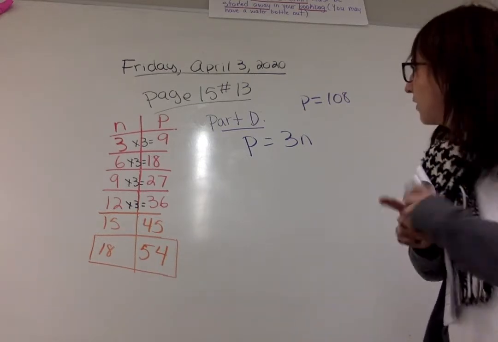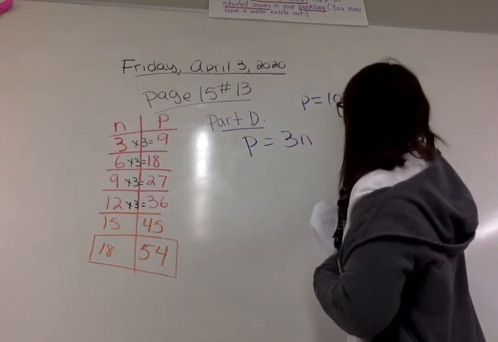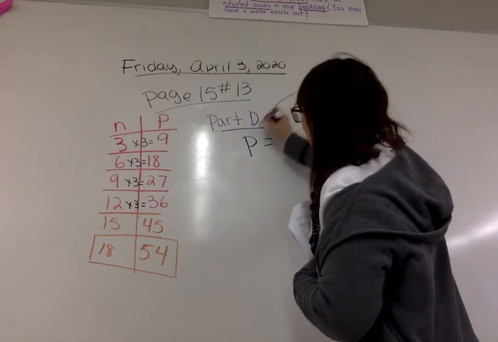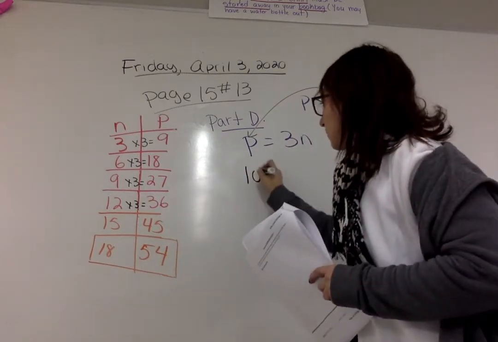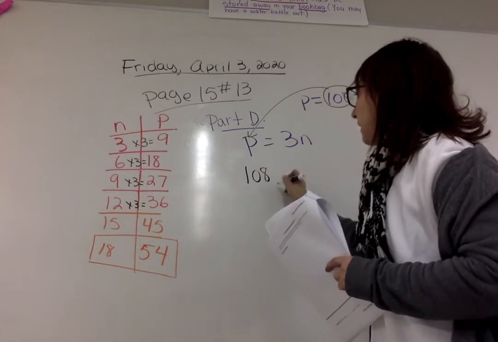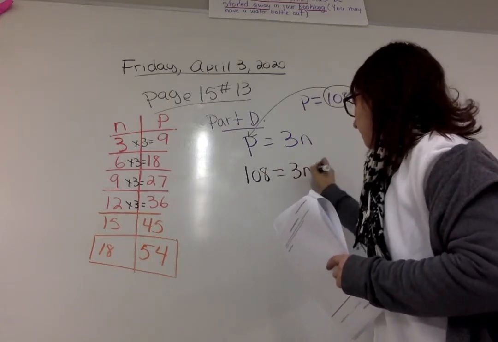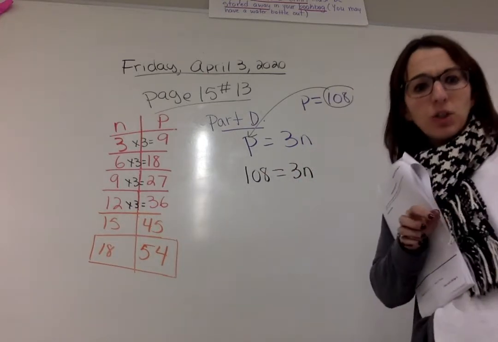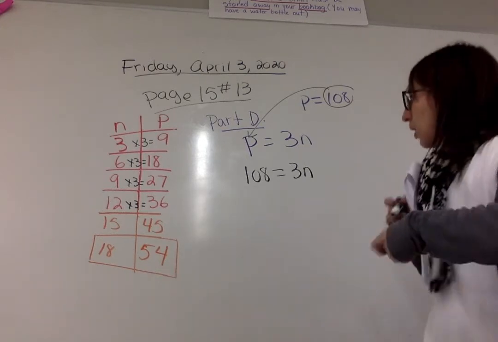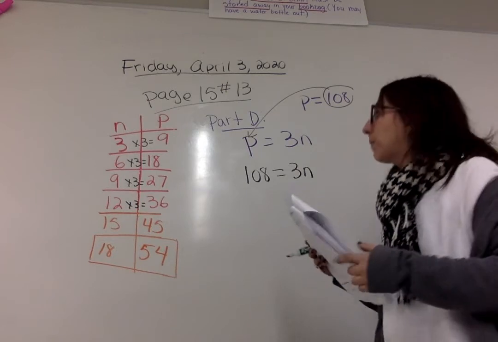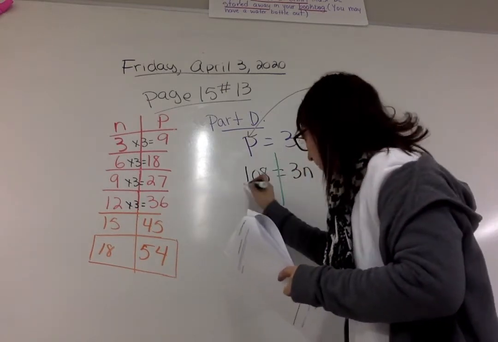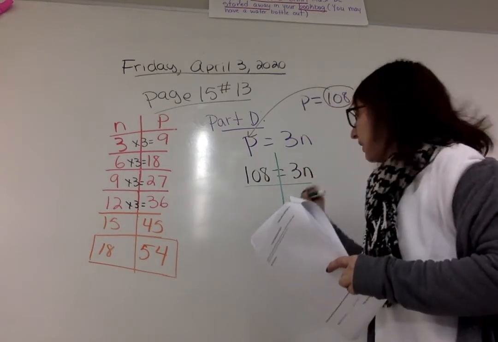So let's figure this out. In place of P, I'm going to substitute 108, because that's the profit. 108 is equal to 3N. Now, I'm going to use the wall method to figure out how many pies I need, because 3 times some number equals 108. The inverse of multiplication is division.